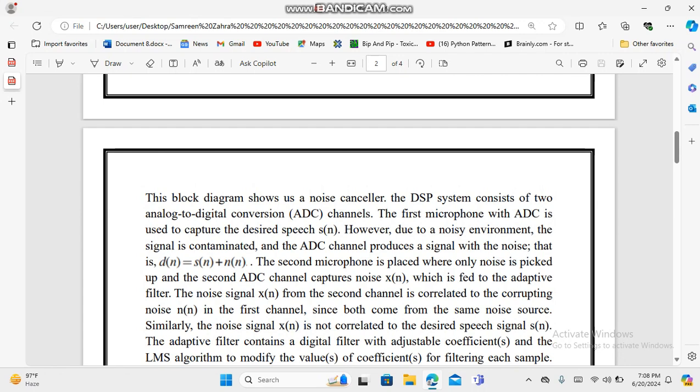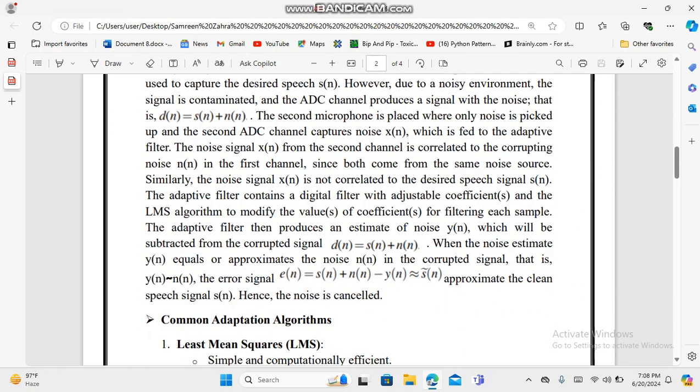The adaptive filter contains a digital filter with adjustable coefficients and the LMS algorithm to modify the values of the coefficients for filtering each sample.